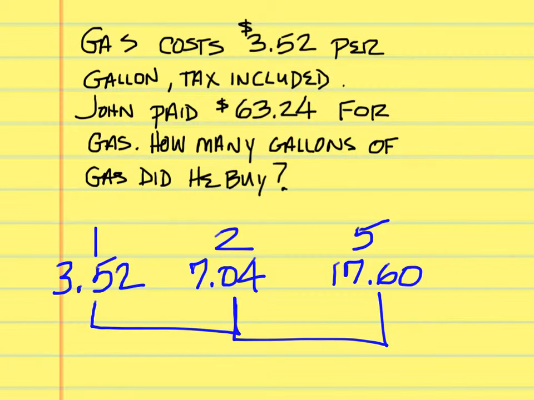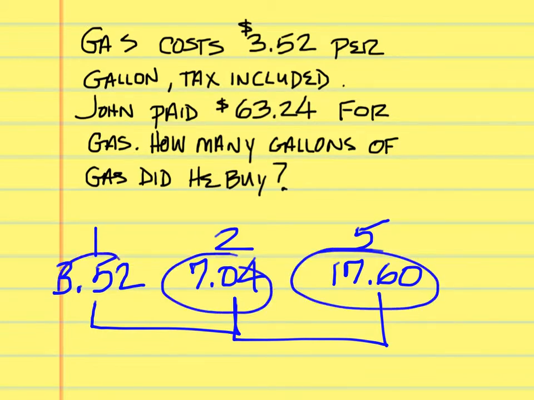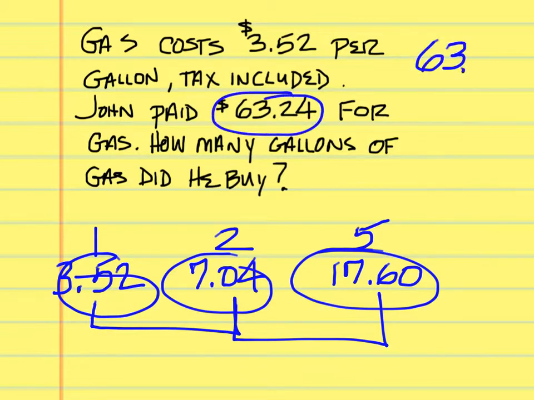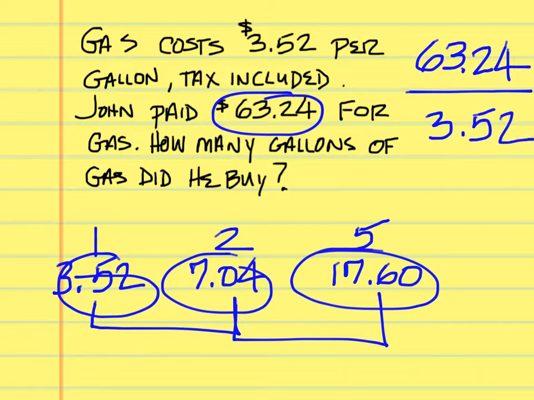That's right. What's the opposite of multiplication? Division. So this is the total that I'm paying in each case. What's the total that was paid in the problem? $63.24, right. So if the opposite of multiplication is division, can I not divide that total by the price per gallon and come up with how many gallons I got?